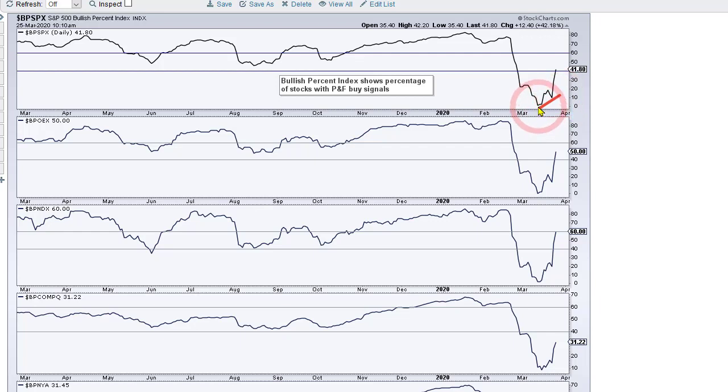So you can see it hit a low. There were almost zero P&F buy signals in mid-March and held around the 10% level. And then there's the bounce that we got. And you can do the same thing with the S&P 100 and the NASDAQ 100. So we had some less selling pressure over the week to 10-day period leading up to yesterday's bounce.